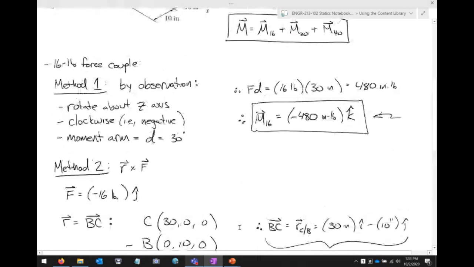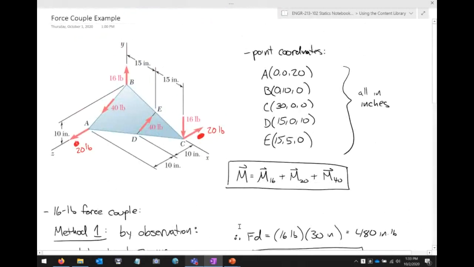So let's go back to the image here. Whenever you're looking at a force couple, you agree that the two 20-pound force vectors, this one and this one, are going in equal and opposite directions. The easiest way to think about this is like your hands were on a steering wheel, at 3 and 9.